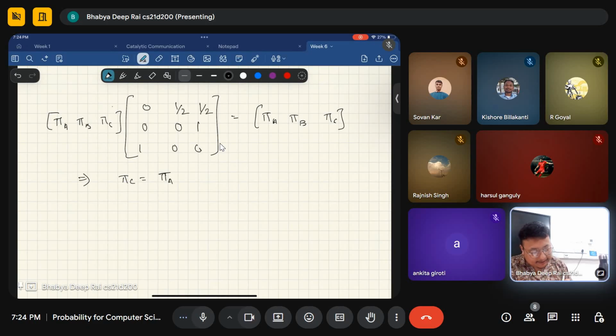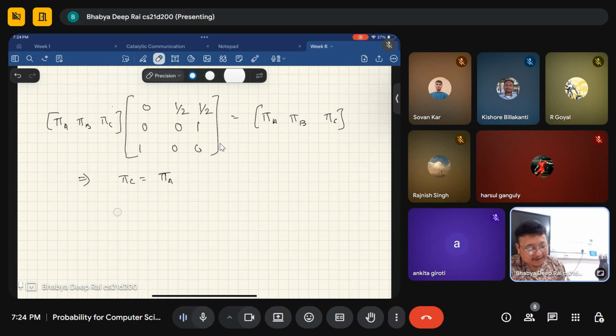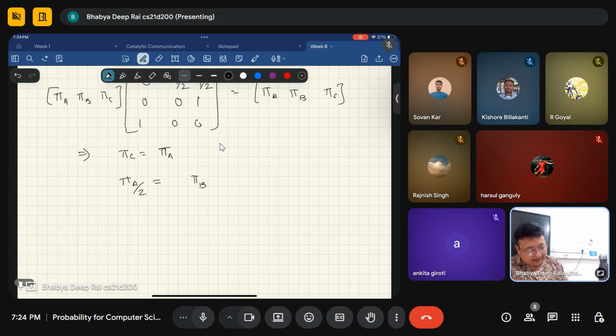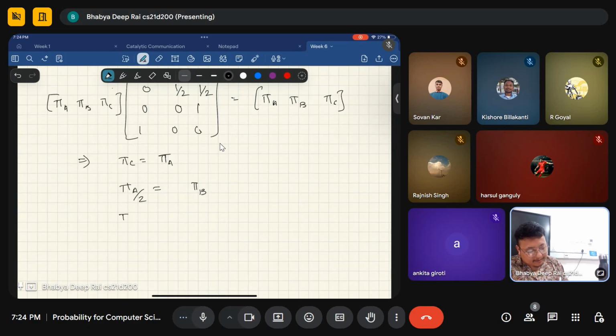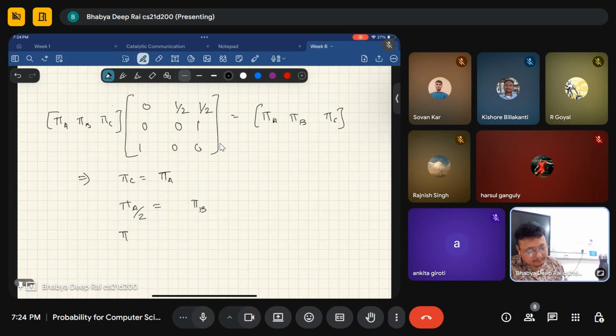So pi A by 2 is equal to pi B, right? And pi A by 2 plus pi B equals pi C, right?